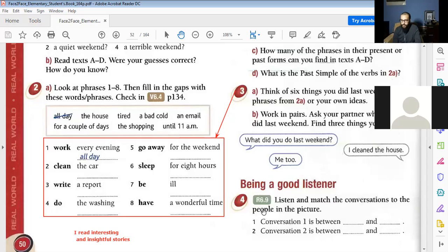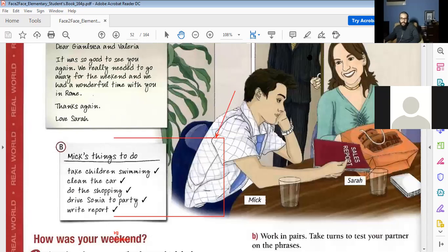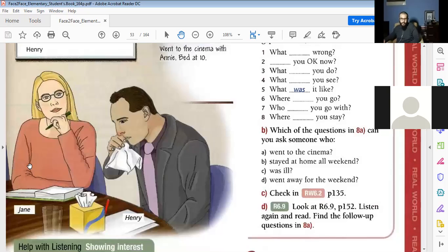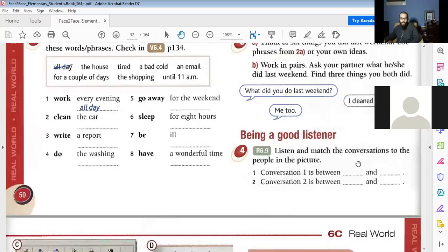Okay, now here, let's move on. So it says, being a good listener. So what we want to do is, it says, listen and match the conversations to the people in the picture. So let me show you the people one more time. So here we have these people. We have Mick, Sarah, and of course we have Henry and Jane. Okay. So now we're going to listen to 2 conversations.